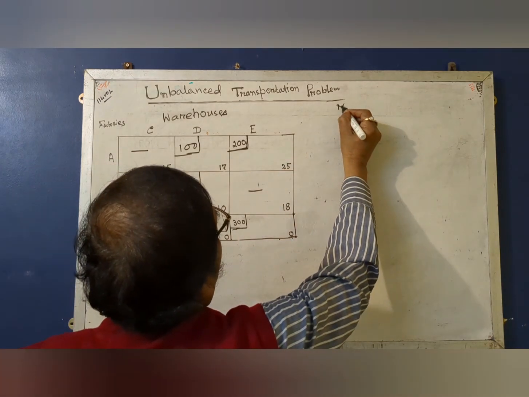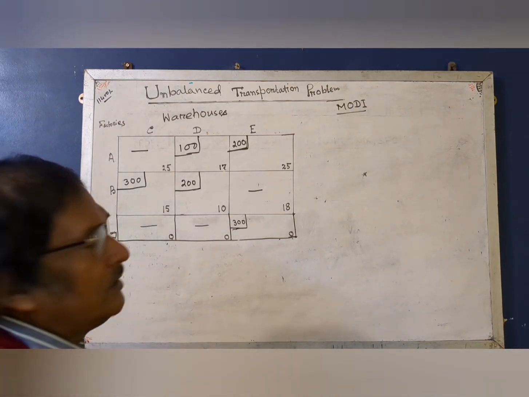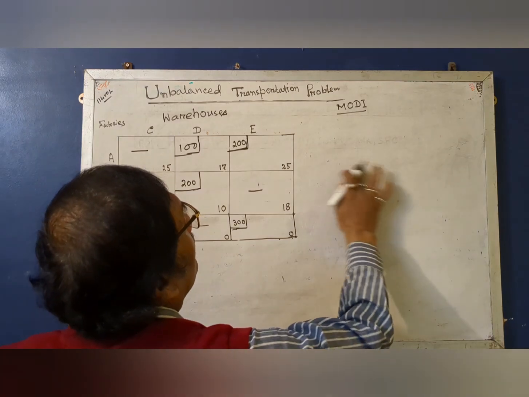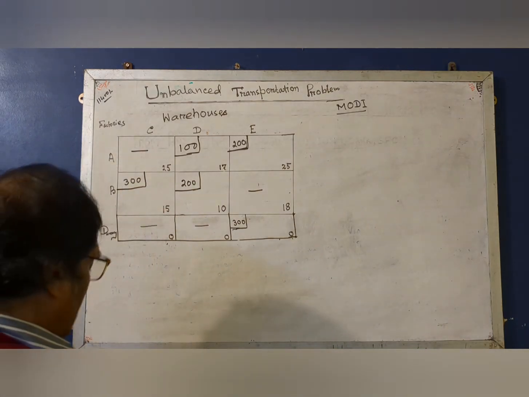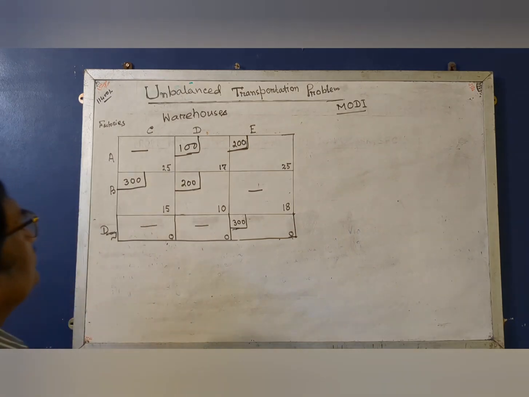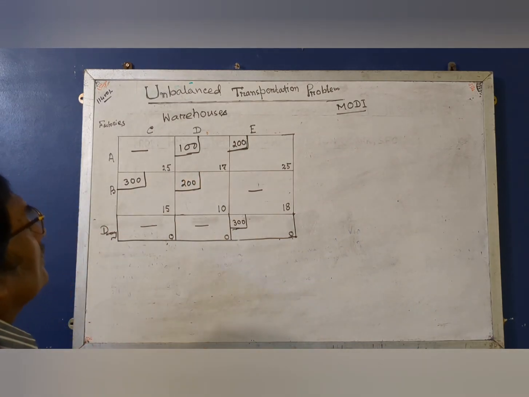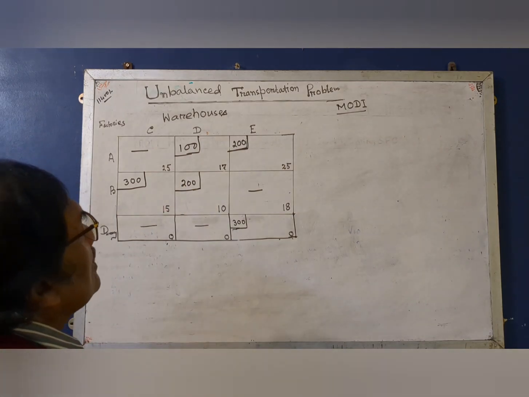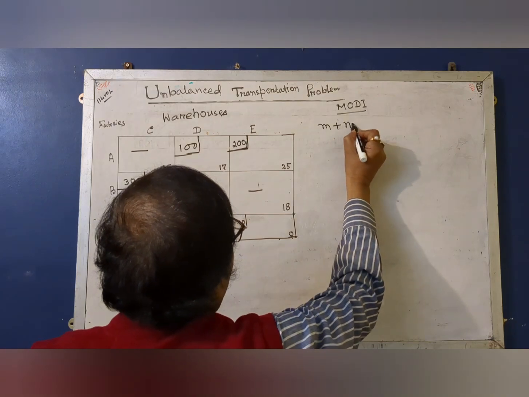Application of MODI, the modified distribution method, as I have already discussed and shown in my previous videos. Always before starting MODI, you must check that the number of basic allocations is at least m plus n minus 1.